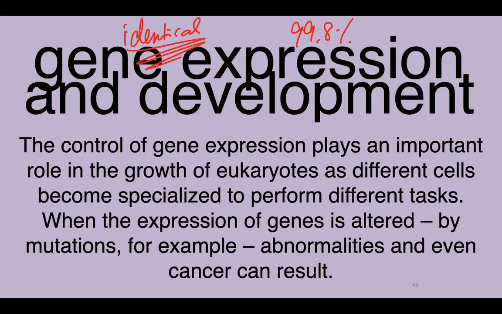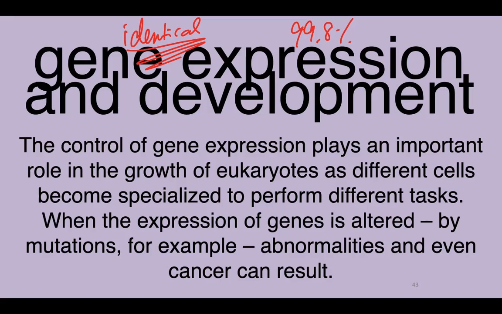So if a mutation happens, it depends on where it happens. It might happen in a part of DNA that's never expressed, so there's absolutely no effect whatsoever. It might occur in a vital protein that's necessary for the development of a fetus, which means the fetus is not going to develop properly, which could result in something called a miscarriage.